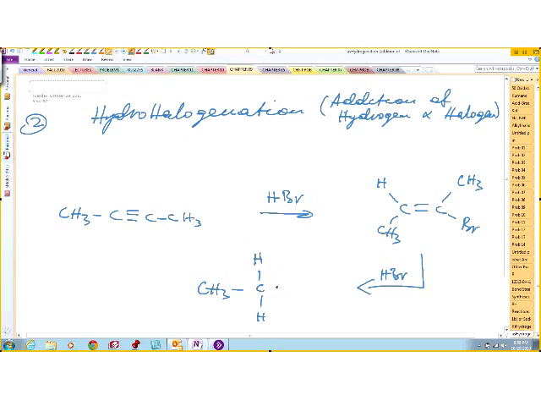Because this is a mechanical addition at this point. Once you add the first molecule of hydrogen bromide, then you are going to add the second molecule of hydrogen bromide.